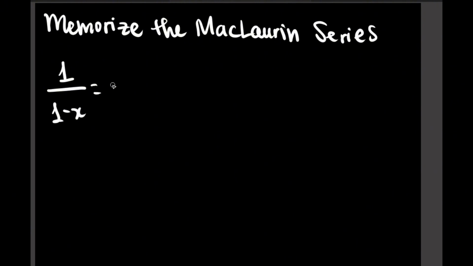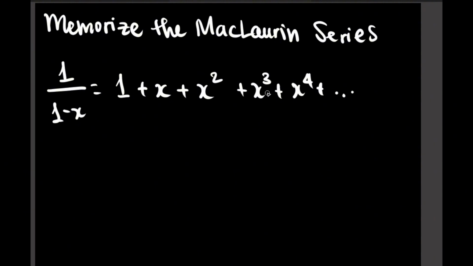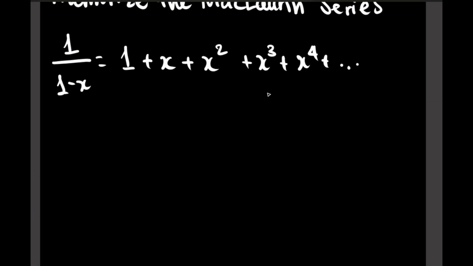So the Maclaurin series for this function is really simple. It's basically just going to be 1 plus x plus x to the power of 2 plus x to the power of 3 and x to the power of 4 and so on. It's really simple.